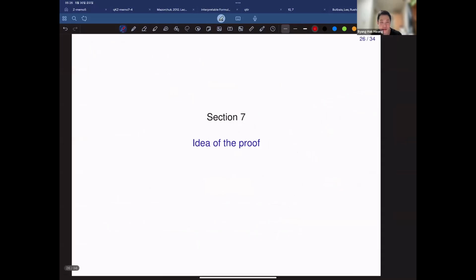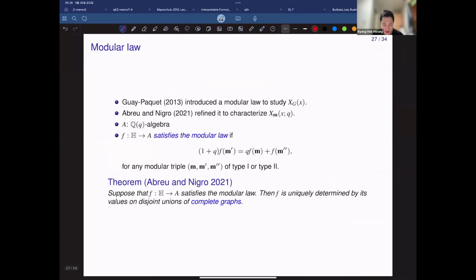So the idea of the proof is the following. Guay-Paquet introduced a modular law to study chromatic symmetric functions, and Abreu and Nigro refined the modular law to characterize the chromatic quasisymmetric functions.